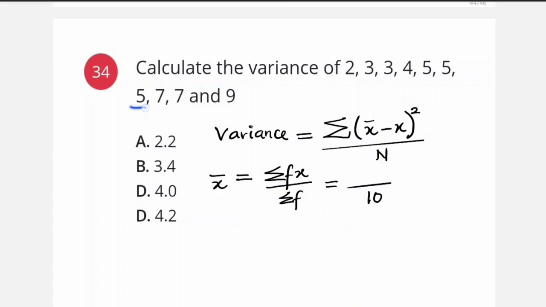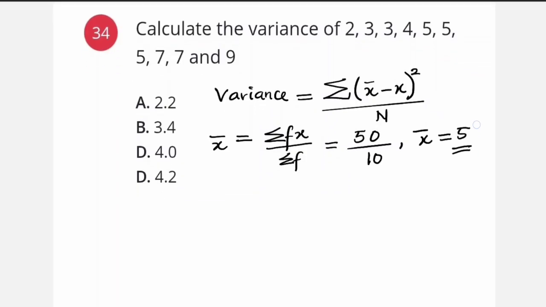And then 27 plus another 7, that's 34. 34 plus another 7, that's 41. 41 plus 9, that's 50. So summation fx will be 50. So hence our mean will be 5.